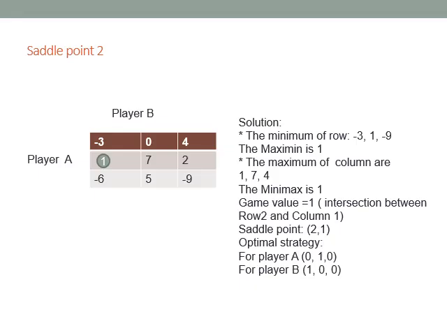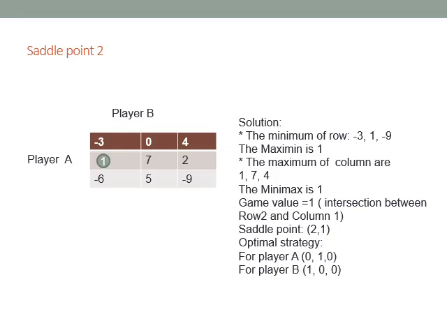Okay, saddle point 2. Given the matrix of outcomes for player A and player B, as you see, in this case, player A had 3 rows. Respectively, he has 3 strategies.